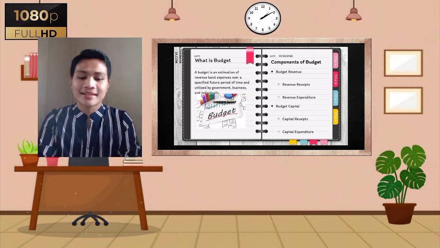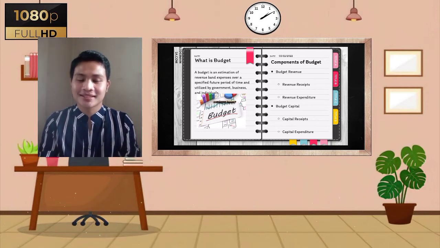Okay, next is the components of budget. There are two components of budget. First is budget revenue and second is budget capital. Budget revenue deals with the revenue aspect of the government budget. It explains how revenue is generated or collected by the government and how it is allocated among various expenditure heads.